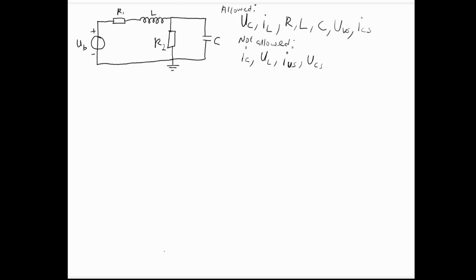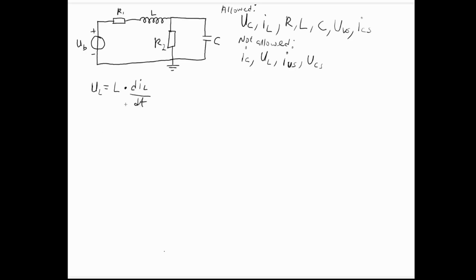I will just start with the inductor. For the inductor, we know that the voltage across an inductor is equal to the inductance multiplied by the time derivative of the current of the inductor.